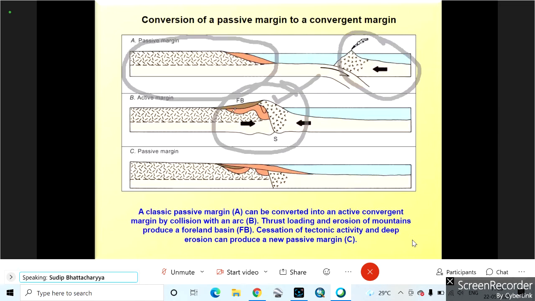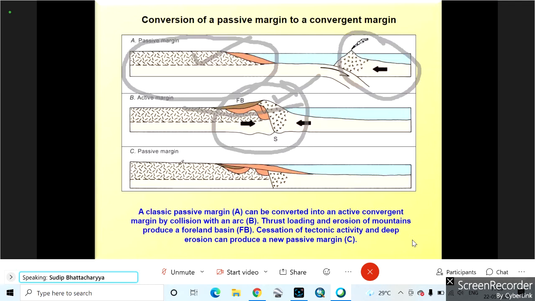So this is the passive margin to a convergent margin. So it is a passive margin. Now when it is collided with this, it has become the convergent margin because the things have been convergent. Now with this, what happened? Now this part has been eroded out.